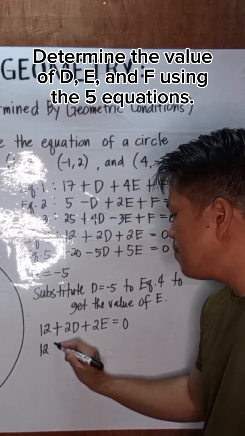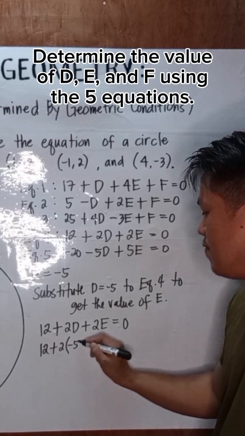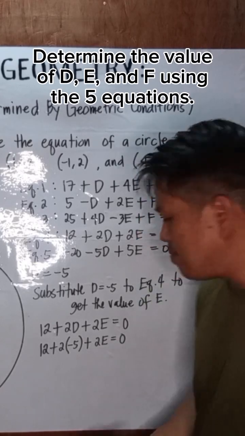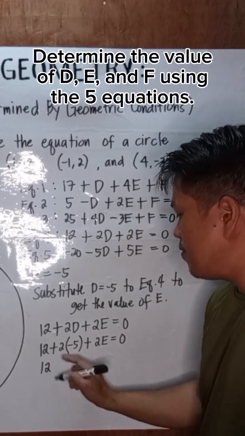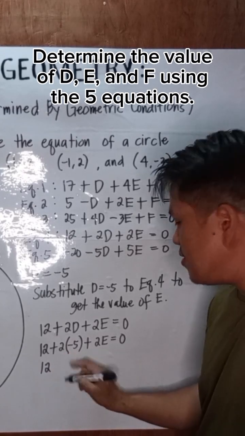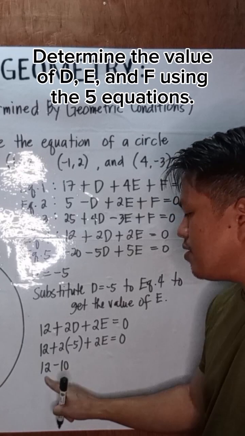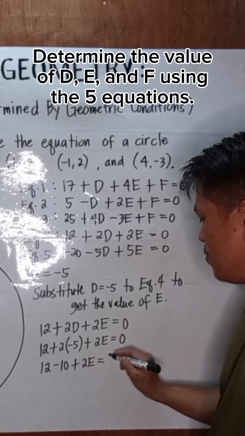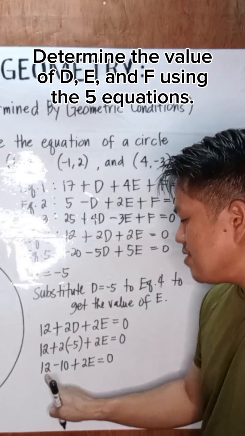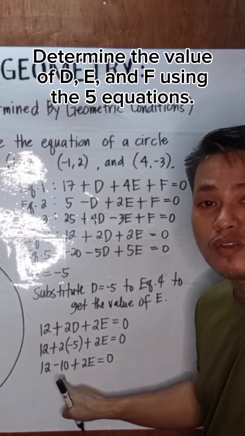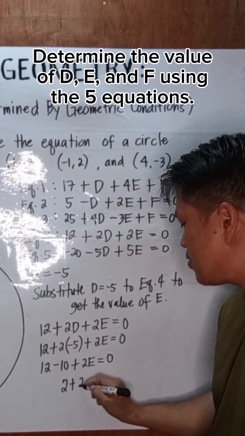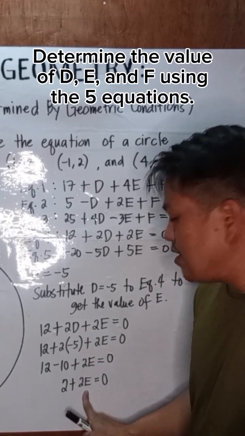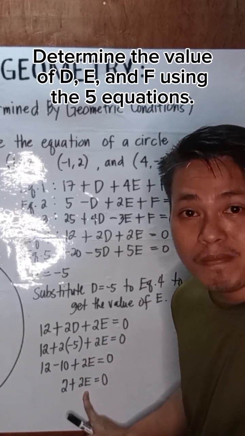We have 12 plus 2 times negative 5 plus 2E is equal to 0. Then, isimplify natin. 12, 2 times negative 5 is negative 10. Kaya magiging 12 minus 10. And then, plus 2e is equal to 0. And then, simplify pa natin. 12 minus 10 ay 2. Plus 2e is equal to 0. Mapapansin natin na letter E na lang yung ating variable at pwede na nating masolve yan.